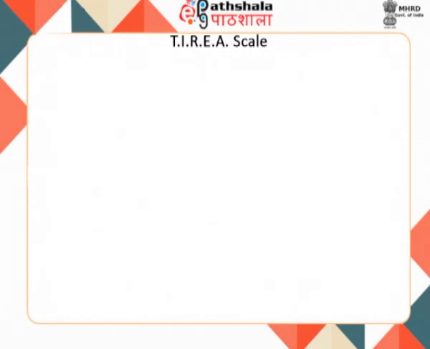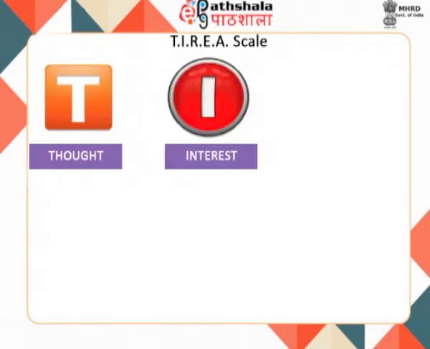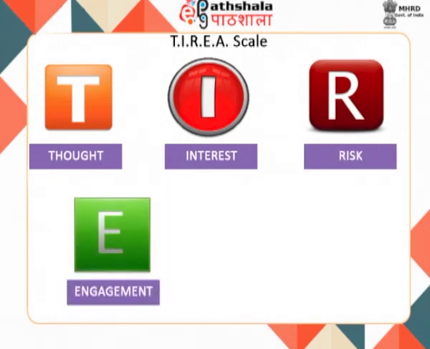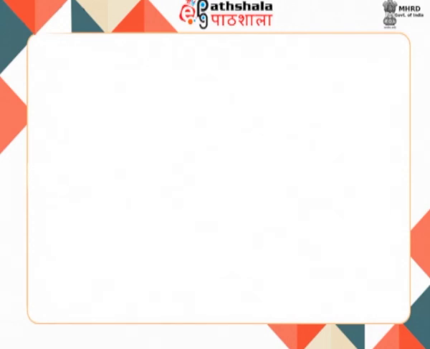Each step focuses on a progressive journey through the decision-making process, where T stands for thought, I stands for interest, that is, desire, R stands for risk, that is, evaluation, E stands for engagement, A stands for action. Another new technique, REAN, was developed in 2006 to cater more specifically the customer life cycle.